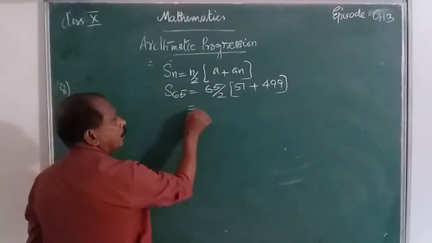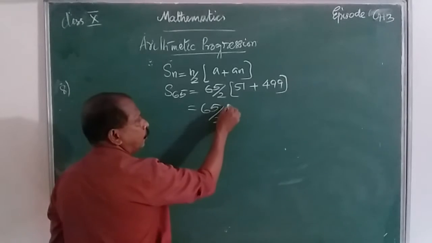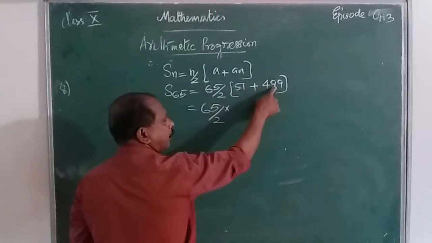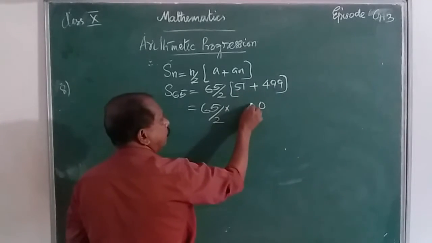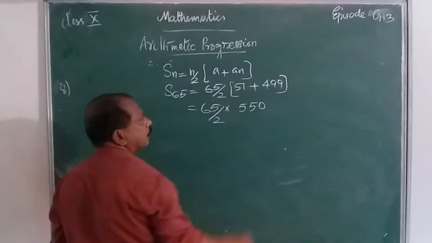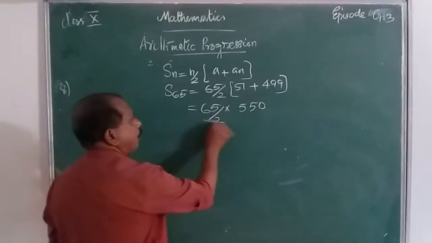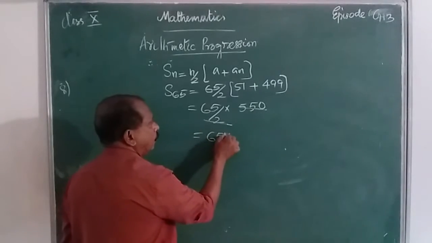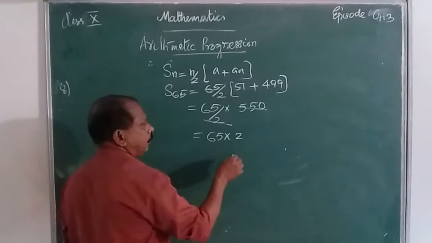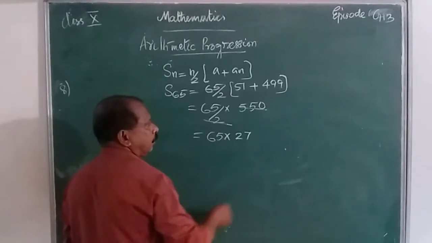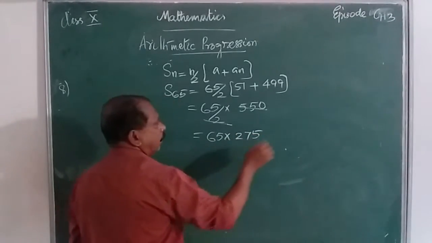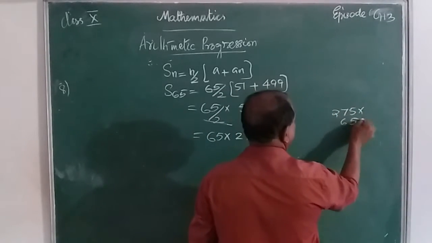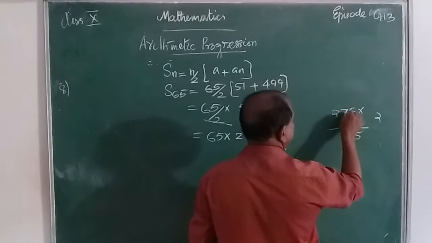That is 65 by 2 into 550, which is 65 into 275.